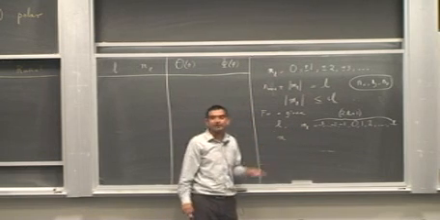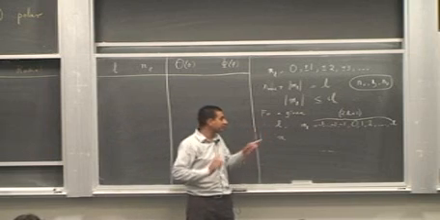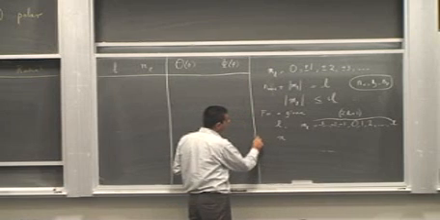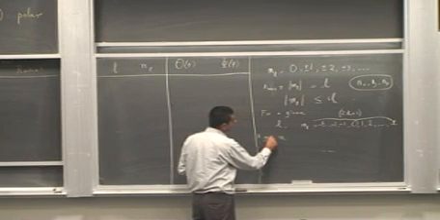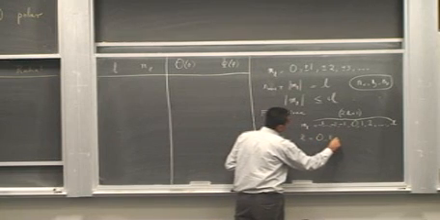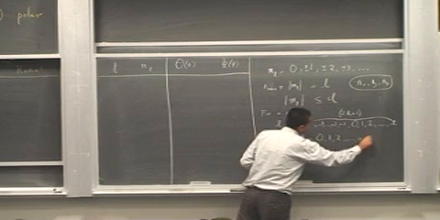And this n comes out from solving the radial part. And there is a constraint between n and L: for a given n, L can vary from 0 all the way up to n minus 1.